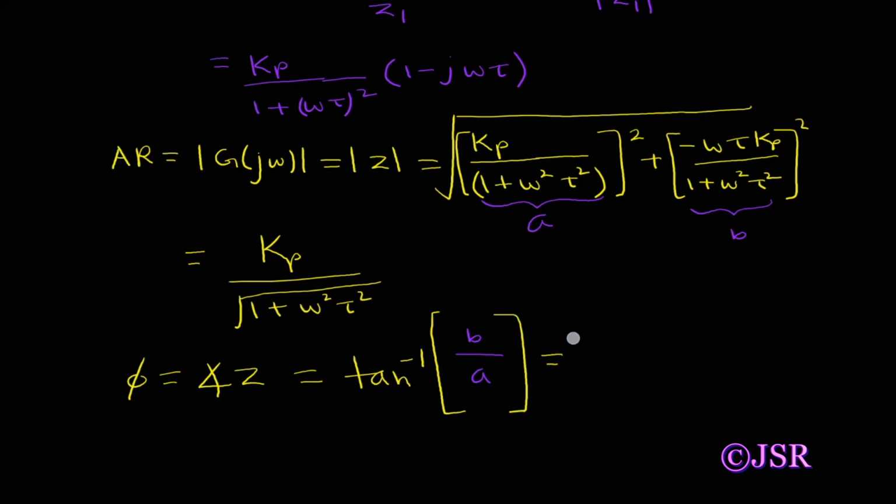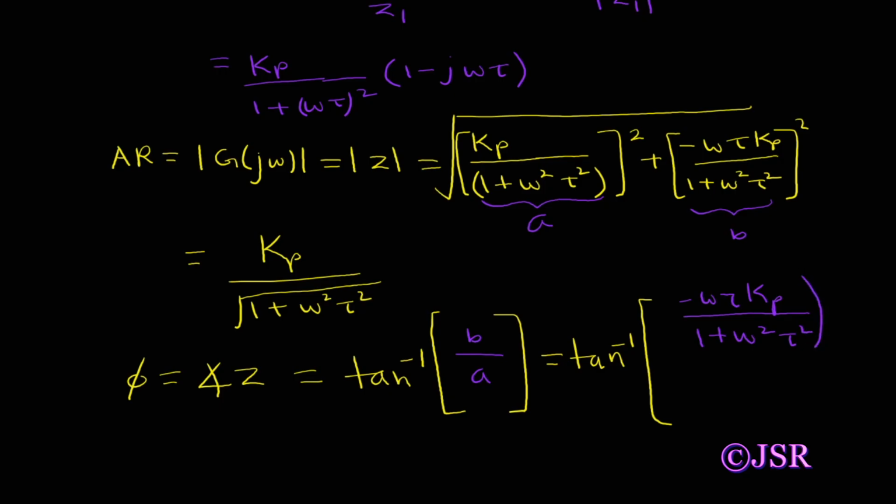And finally we will have tan inverse in bracket minus omega tau Kp upon 1 plus omega square tau square.